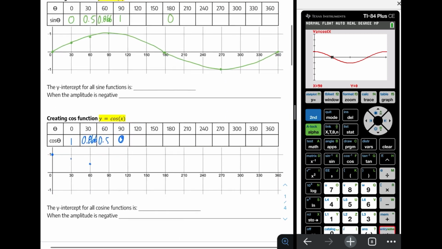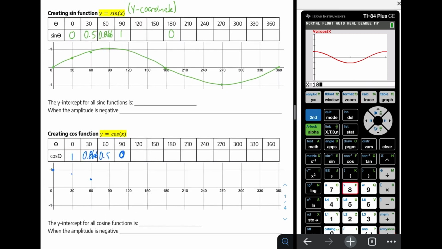And then we can continue like this and trace 180, so halfway around the circle. I am down to a minimum. And then if we do trace 270, I am on the x-axis, right? And then after 360, after the full rotation, I should be back at the very starting point.